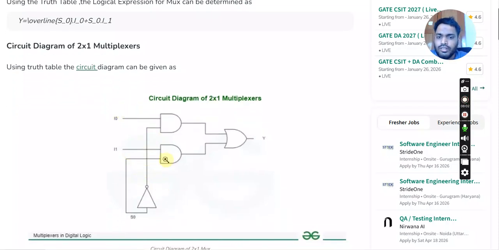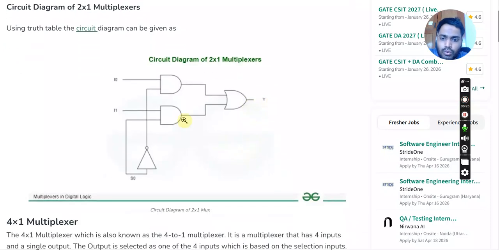So S0 is taken as it is here for I1, whereas S0's complement is taken for I0. That is why an inverter is put. So the inverter and I0 are combined with an AND gate, and the combination of these two is passed through an OR gate. So here we have an OR gate, and the output Y. So this is the diagram of 2:1 multiplexer.